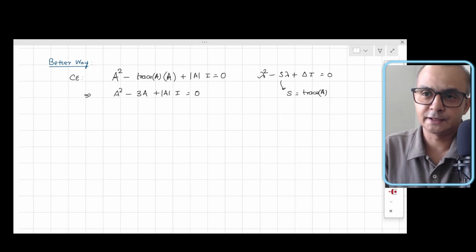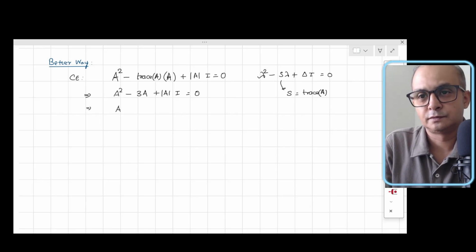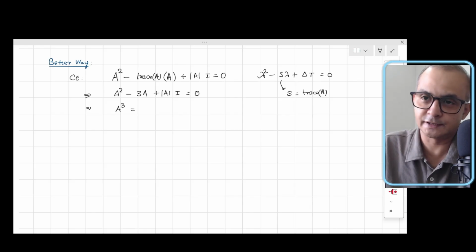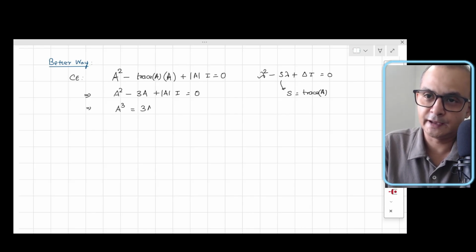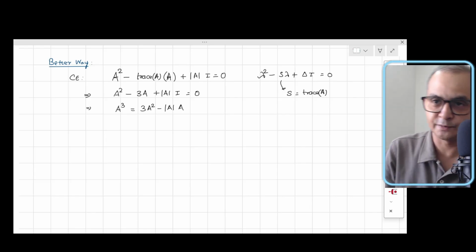Now I multiply this entire equation by A, so we get A cubed. At the same time, I'm bringing both of the terms to the right hand side. So I'll get 3A squared minus determinant of A times A, because I multiplied with A, so I times A will become A.